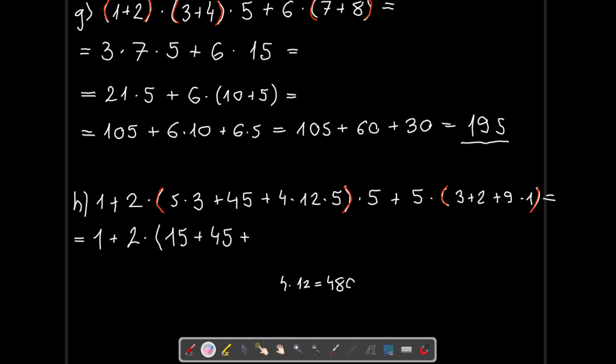So that is 480, and dividing that by 2 gives us 240.